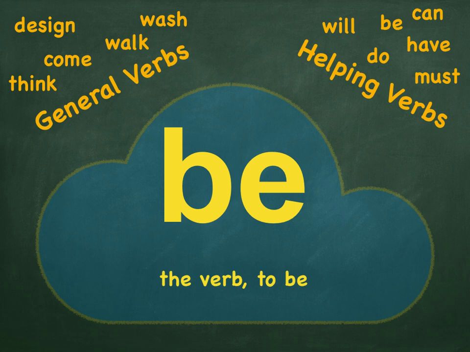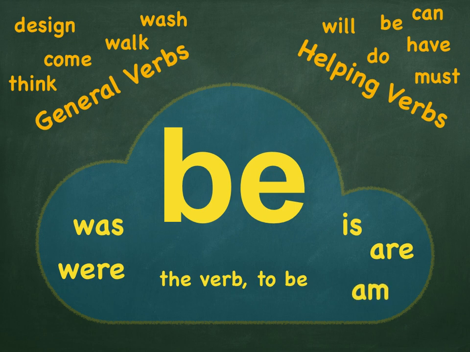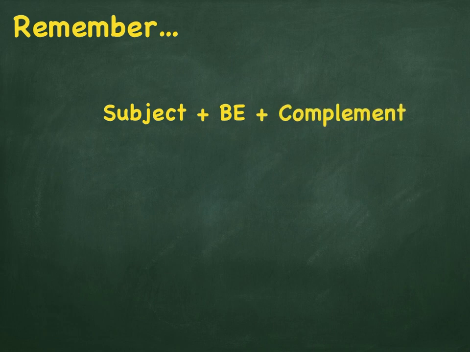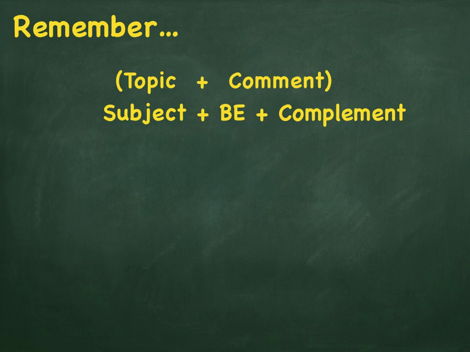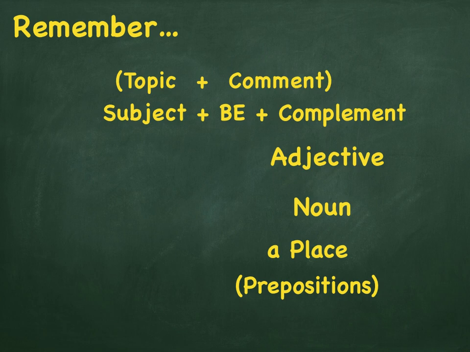The verb to be is quite special and follows many different rules from the other verb types. Let's check more about the be plus complement pattern. There are three main types of complement in a sentence using the be verb: adjective, noun, and place.